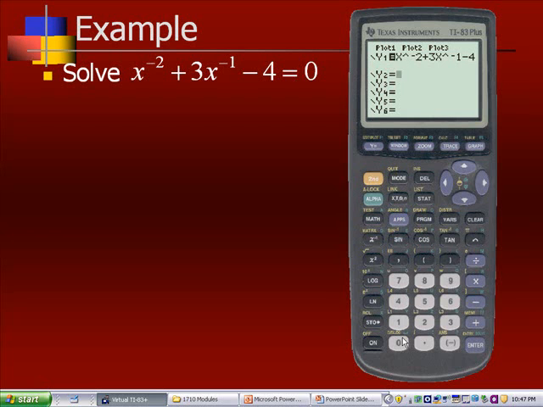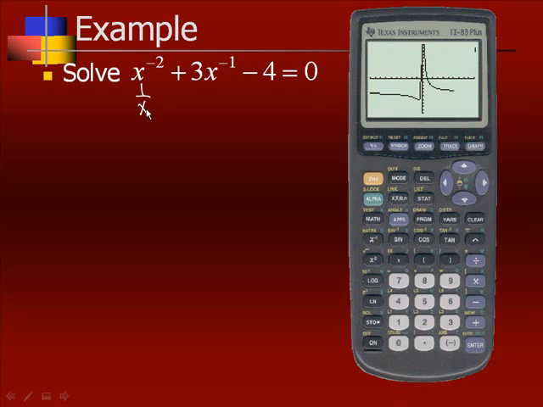And then y2 would be 0. I'm going to go back to zoom 6. So there's that graph. Now remember, x to the negative 2 means 1 over x squared. 3x to the negative 1 means 3 times 1 over x minus 4 equals 0.